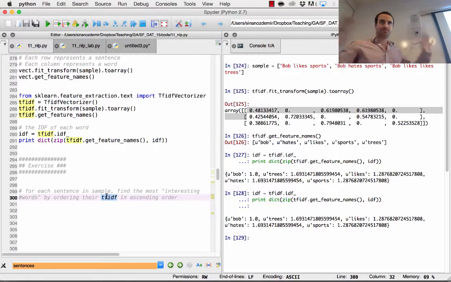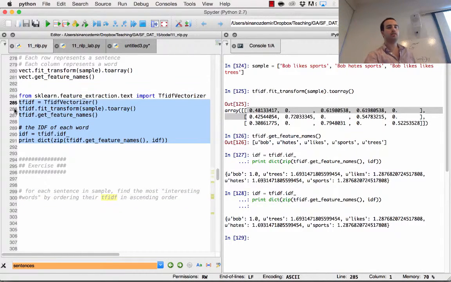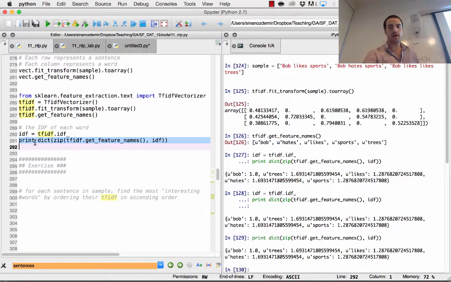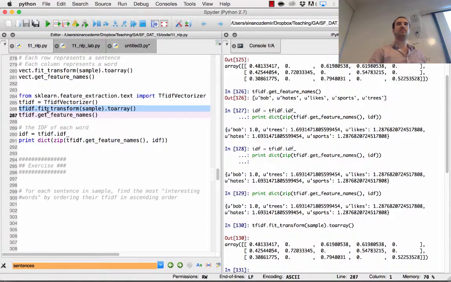So all I want is for each sentence, show me the words in order of least important to most important, by important in terms of TF-IDF. You have all of the numbers up here. So line 291, I give you the IDFs of each word. And this matrix on line 286, each row represents a sentence.